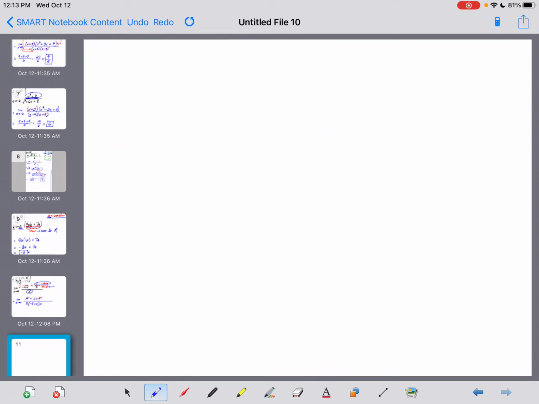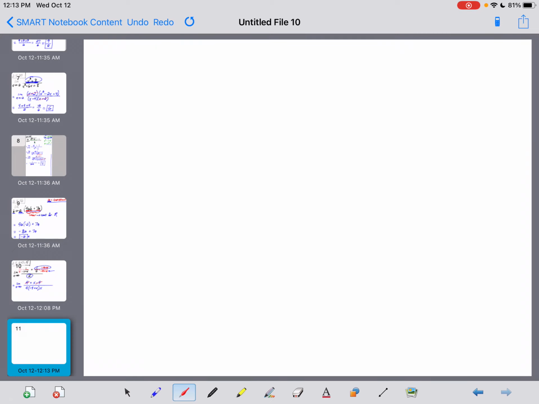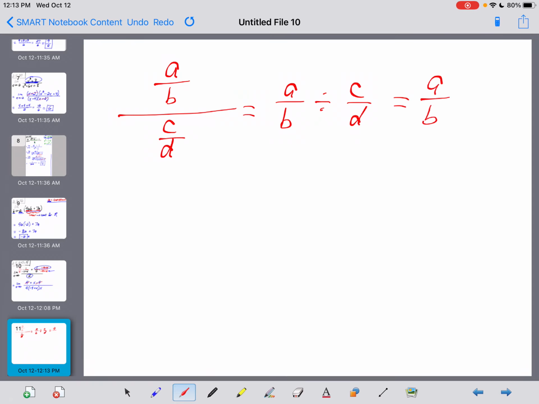It kind of builds off an idea I think I've discussed in some cases. If you look at a complex fraction, guys, a over b, and if that all gets divided by c over d, I want to remind you that that is the same as taking a over b and dividing it by the fraction on the bottom, c over d, which is the same as taking a over b and multiplying it by the reciprocal of that denominator, d over c, so we end up with ad over bc.